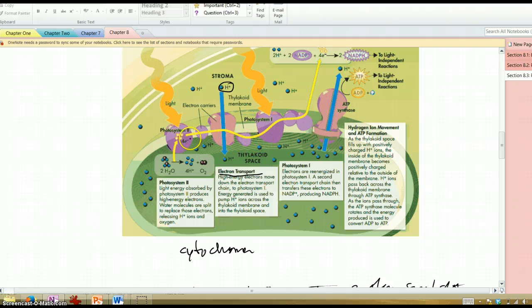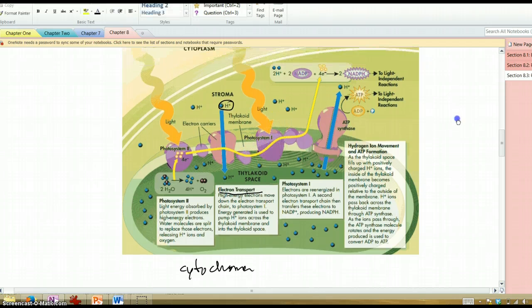All right, so in providing energy to do this active transport, the electrons essentially lose energy, but then they're passed to photosystem 1, where they are re-energized by more sunlight and another cluster of pigments. And these newly re-energized electrons are passed to another electron transport chain that essentially provides the energy to convert NADP plus into NADPH.